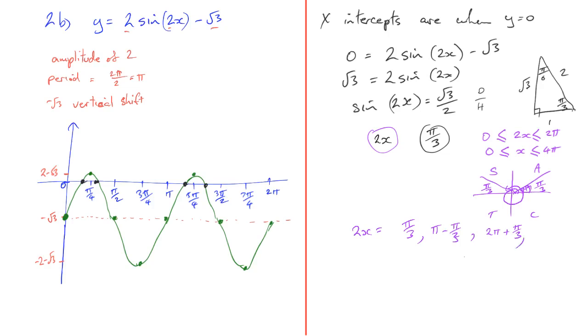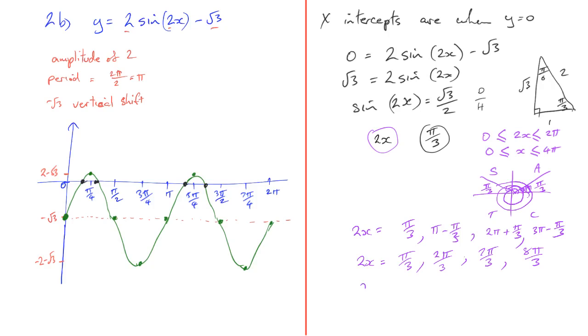And the last one is to go loop-diddy-loop, which is actually 3 pi minus pi on 3. So 2x will equal pi on 3, 2 pi on 3. This becomes 6 pi on 3, 7 pi on 3, and the last one is 9 pi on 3 minus pi on 3, which is 8 pi on 3.